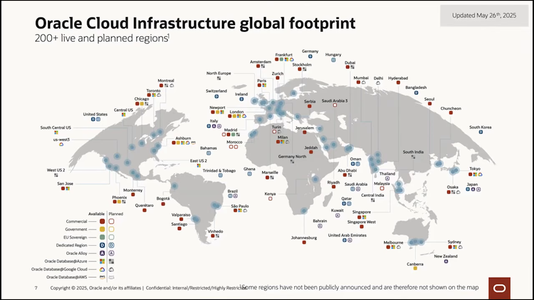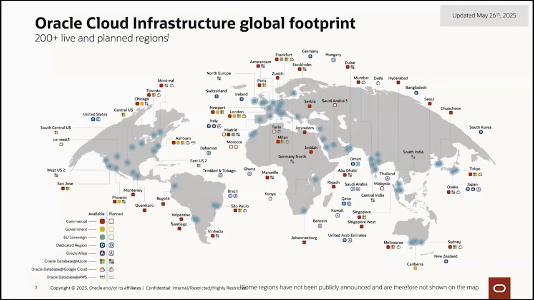And each Oracle Cloud region offers a consistent set of services that are designed to run any application faster and more securely for less. And what's nice about Oracle is that our pricing stays consistent across regions. With this diagram here, you can see, in red, we have all of our available commercial regions.